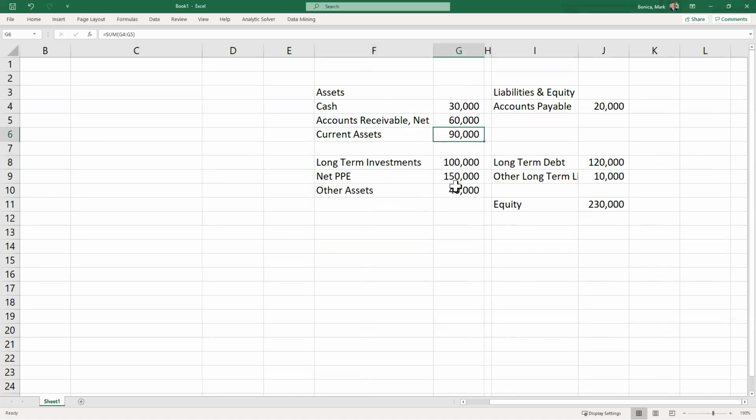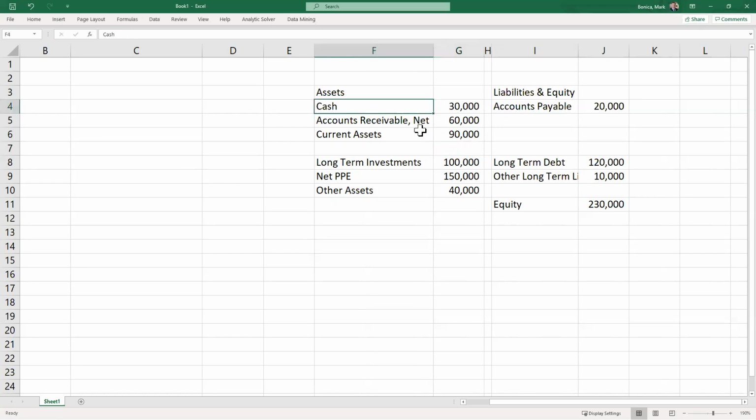We treat them differently than long-term assets because current assets tell us the amount of assets that we have that are easily liquidated, turned into cash, that we could use to meet the obligations, the current liabilities, of the organization. So it's important to separate them and identify them on their own.